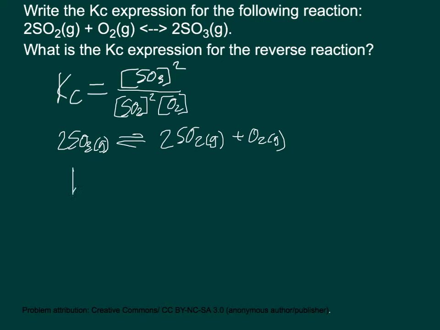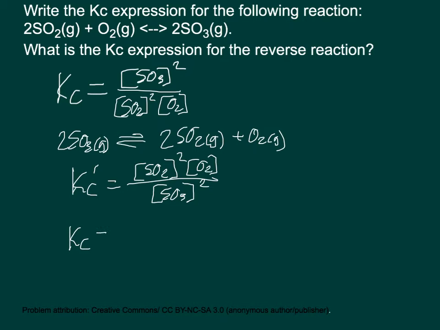Now the Kc for this one, again, we're going to do products over reactants, so it's going to be SO2 squared times O2 all over the concentration of SO3 squared. And therefore we can call that K prime c. Okay, it's the Kc of this changed reaction. Therefore Kc is equal to the inverse of K prime c, or vice versa. K prime c is equal to the inverse of Kc.